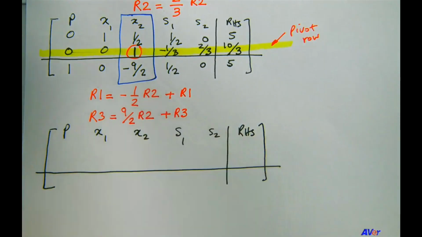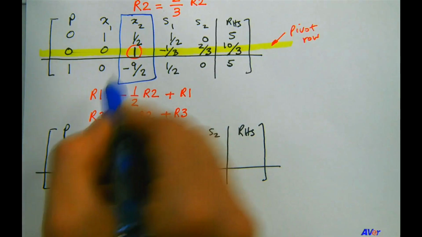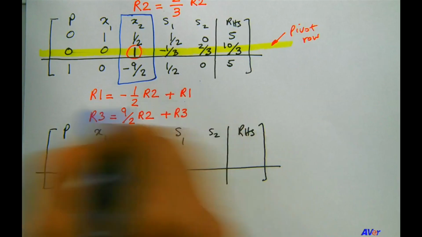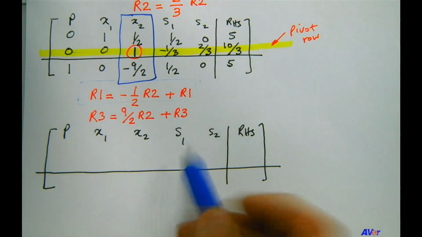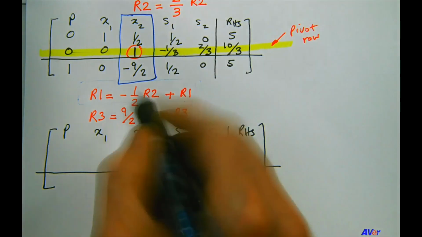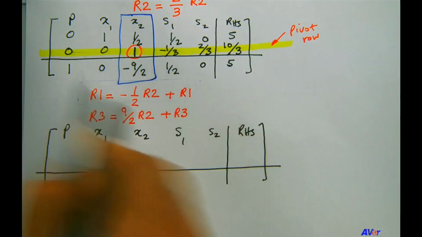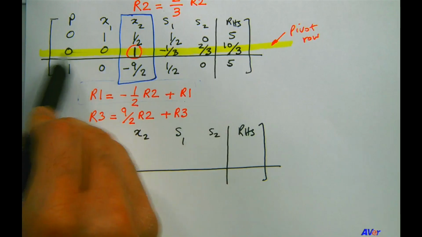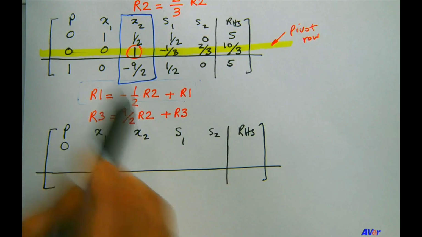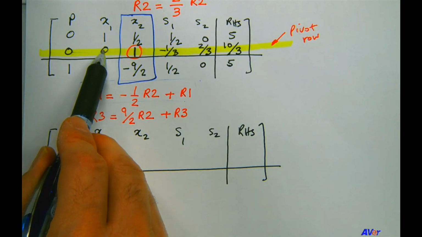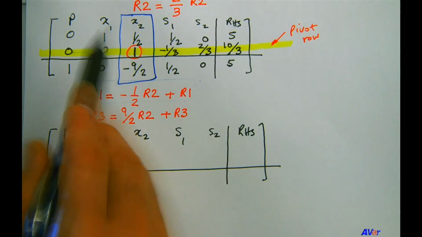First, we're going to work with this row operation to change row 1. So minus 1/2 times row 2 plus row 1. Minus 1/2 times 0 is 0, plus 0, 0. Minus 1/2 times 0, which is in row 2, 0 again, plus 1, 1.